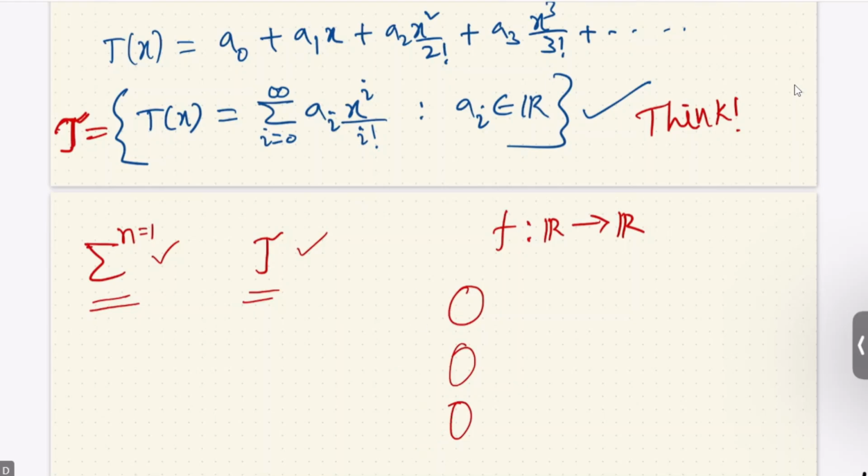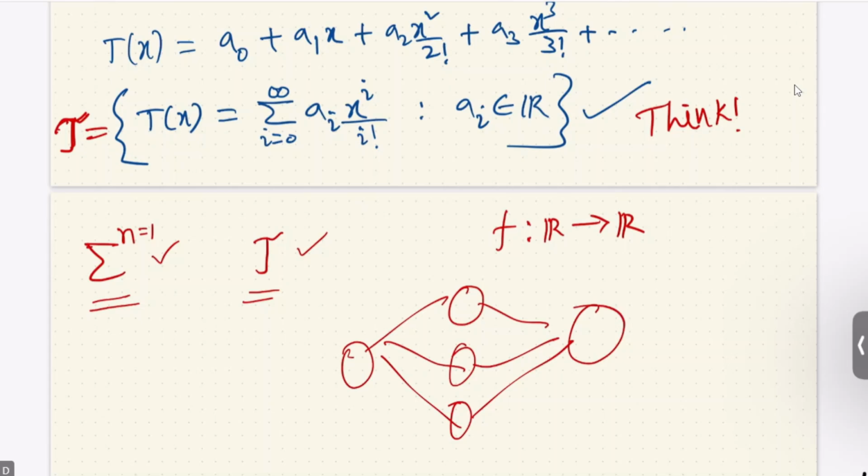Let me take this one. You have a neural network with affine functions a1, a2, a3, and you have k affine functions. No matter how many affine functions you choose as hidden layers, if our activation function is g equal to identity, then again all these things reduce to a single hidden layer, a single neuron, nothing else.